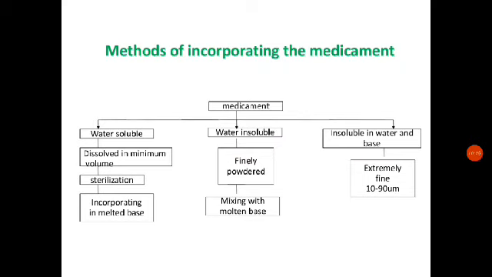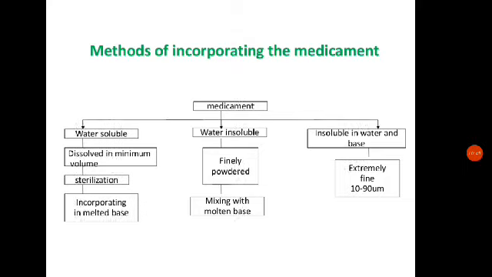So these are the various methods for incorporating the medicament based on its nature. If it is water soluble, it can be directly dissolved in a minimum volume. If it is water insoluble, finely powdered and mixed with the molten base. If it is insoluble, you should make it extremely powdered.